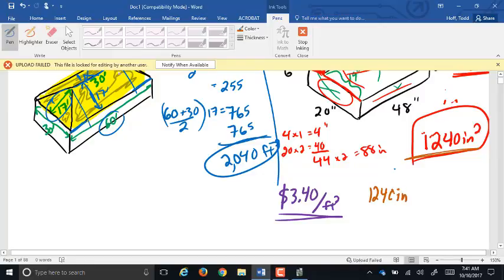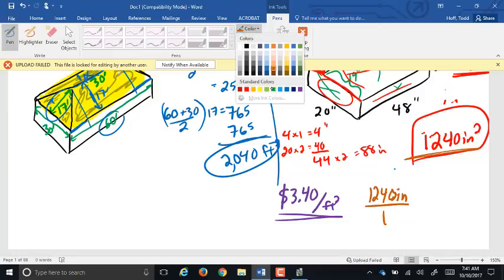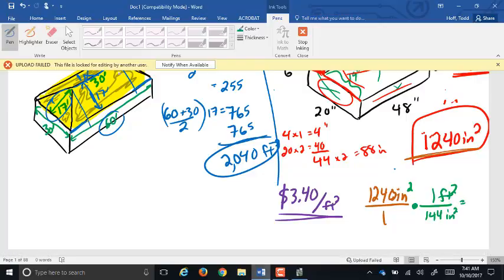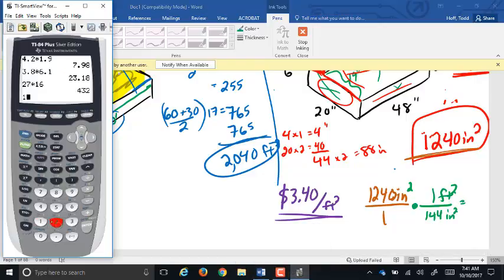How are we going to convert that to square feet? Well, this will be divided by 144, right? Comes out to be 8.6. 8.61 we'll go with.